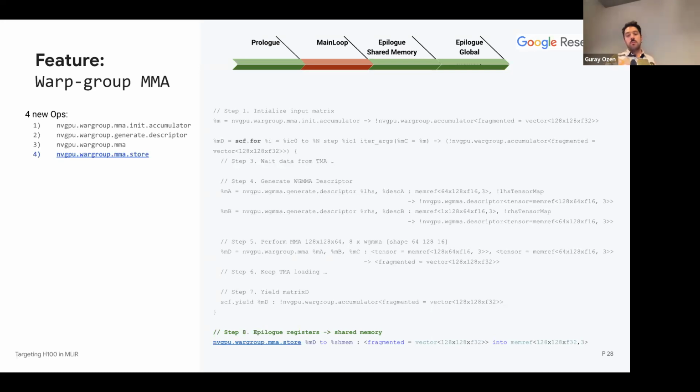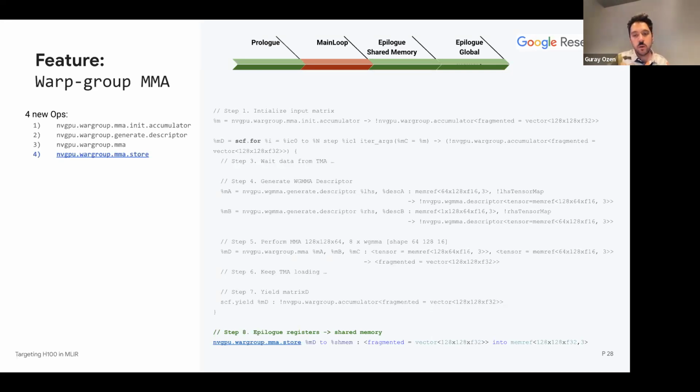So to hide this copying from fragmented registers to shared memory or global memory, wherever you want, I created another op that takes the registers from the threads and copies them to the correct place in the shared memory or global memory, wherever you prefer.